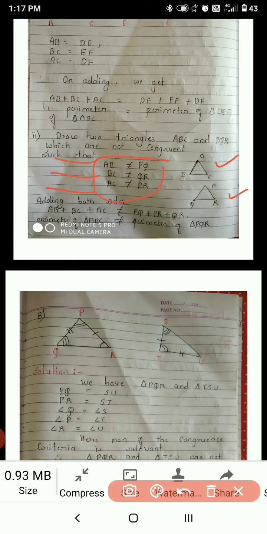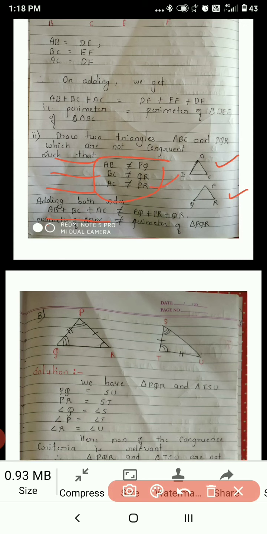But we have to answer what will be the effect on the perimeter. So for getting a perimeter, what will we do? We are going to add the sides, because the formula of perimeter is the sum of all sides. So here we are adding the sides of triangle ABC: AB plus BC plus AC. Here we are adding PQ plus PR plus QR.